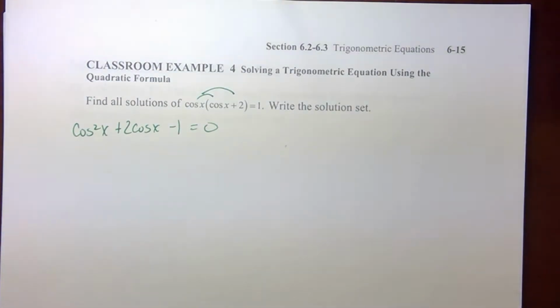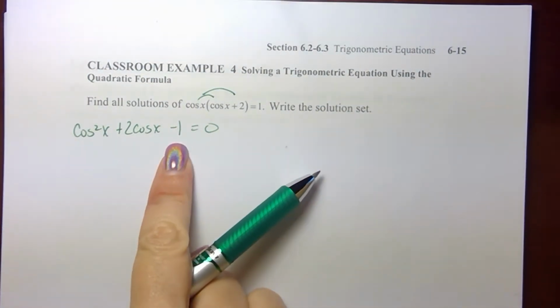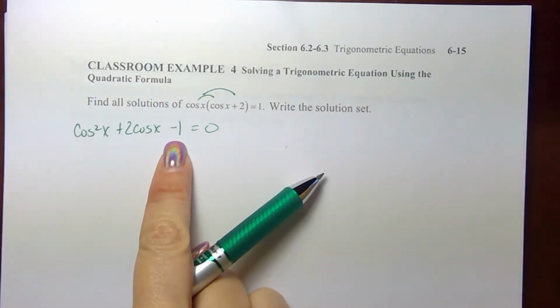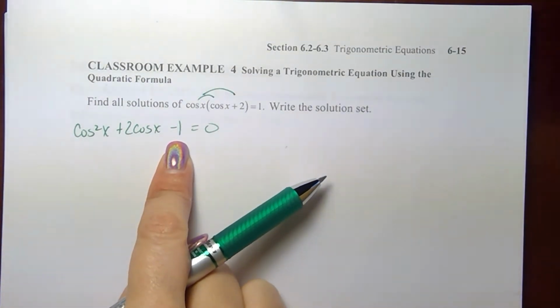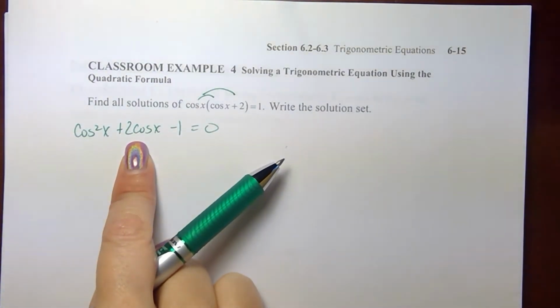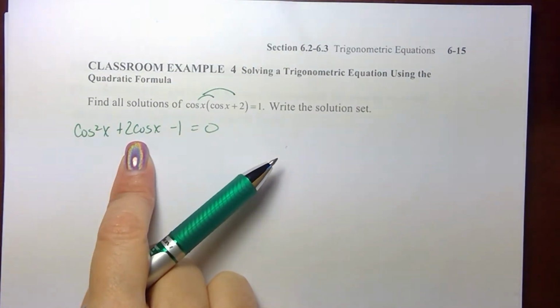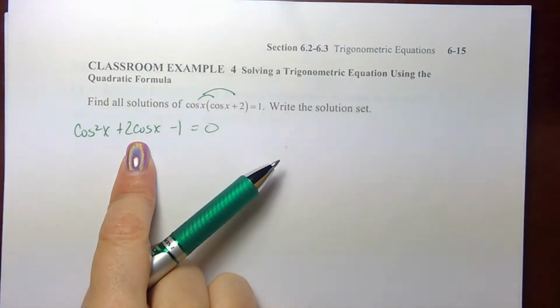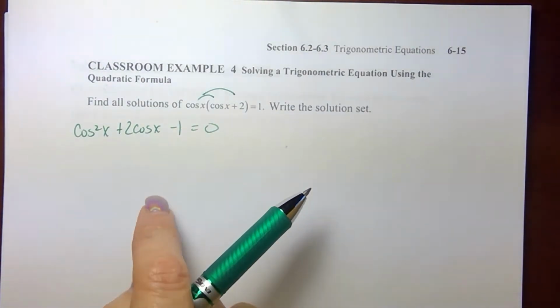Well, this is not factorable because there's no way, since the signs have to be different in my factors, that I'm going to factor this and end up with a plus 2 in the middle, which means my solution set is either imaginary, in which there are no real solutions, or it is irrational, which is what I'm betting on.